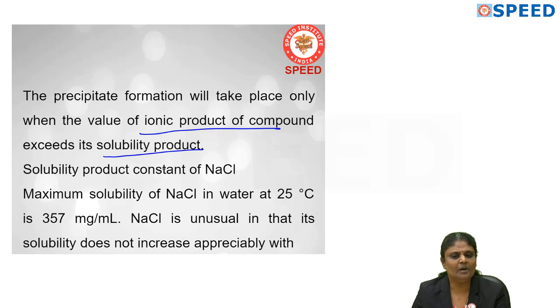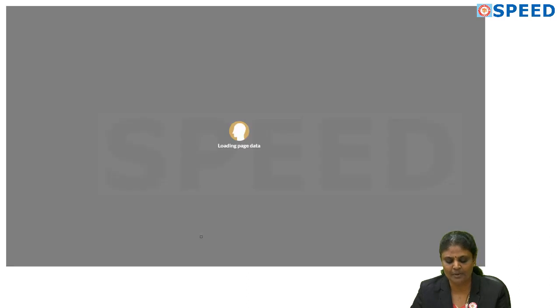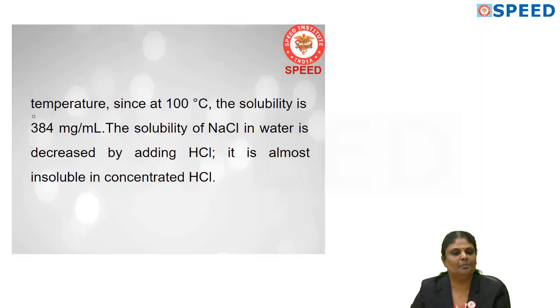Okay, the solubility product constant of NaCl. So, maximum solubility of NaCl in water at 25 degrees Celsius, almost room temperature, is 357 milligram per ml. NaCl is unusual in that its solubility does not increase appreciably with temperature.